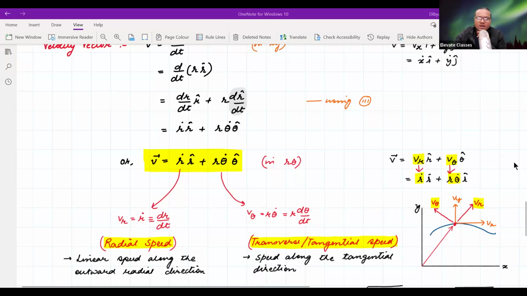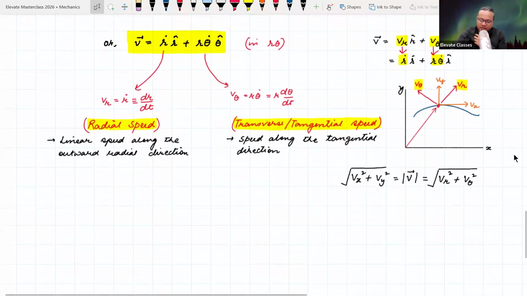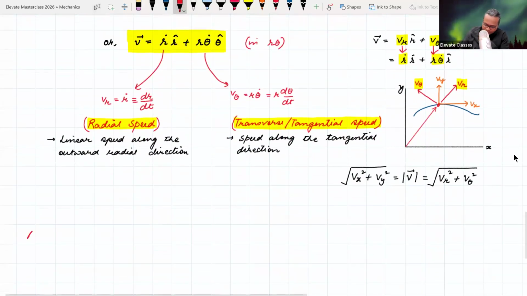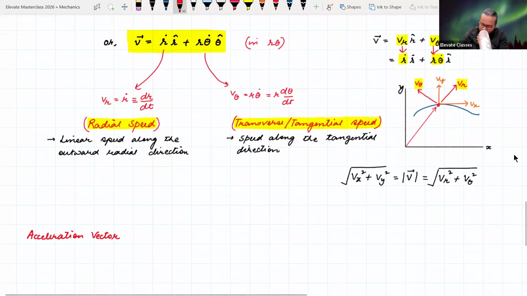Similarly, I have obtained the velocity vector expression. I also want to obtain the acceleration vector expressions. What is the acceleration vector?